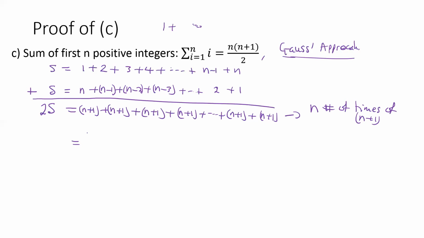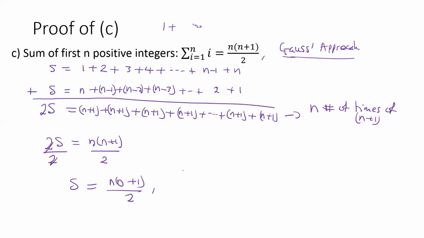Now if you do that, it's just like you have a constant. We have the number 3 plus 3 plus 3. If you add it 10 times, it is the same as 3 times 10. So this will be n times n plus 1, and then you have 2S. Now you are finding the sum, so divide both sides by 2. Then you have the sum is equal to n plus 1 times n over 2.